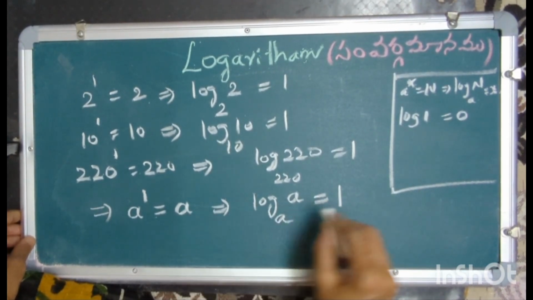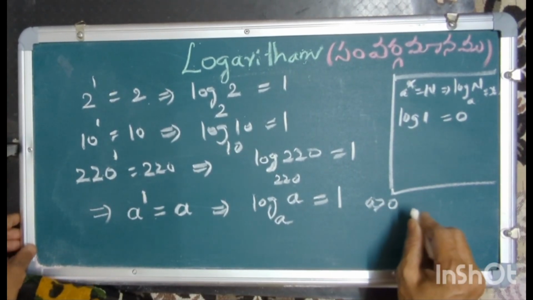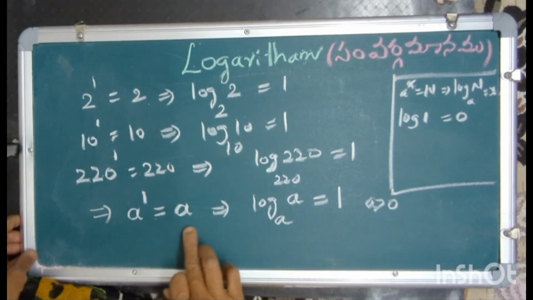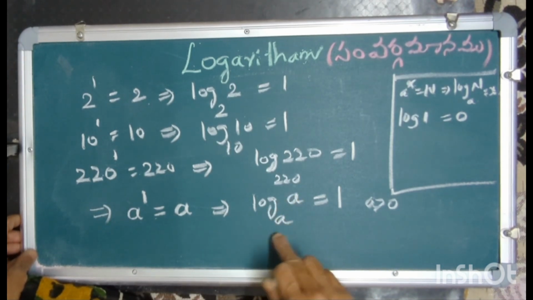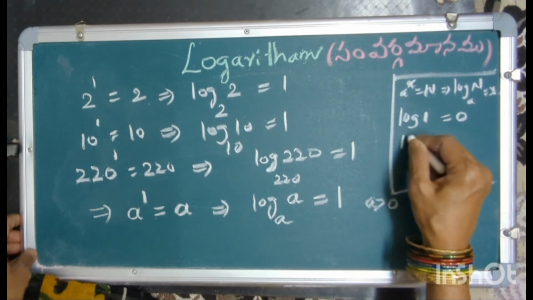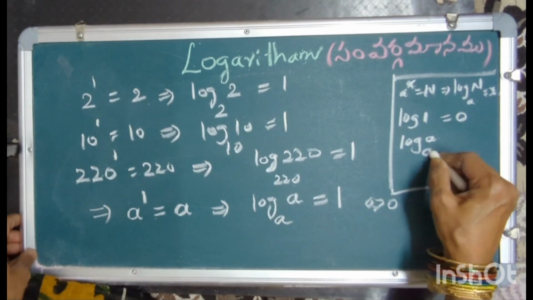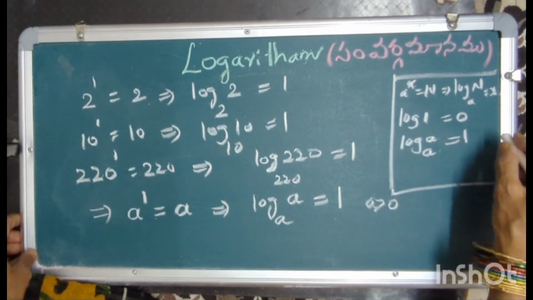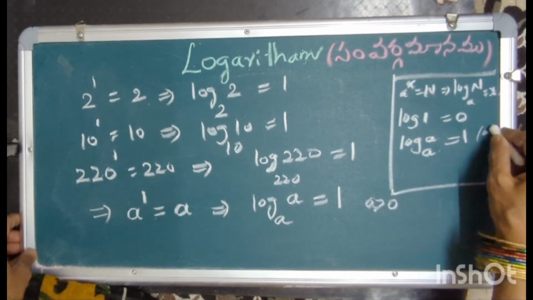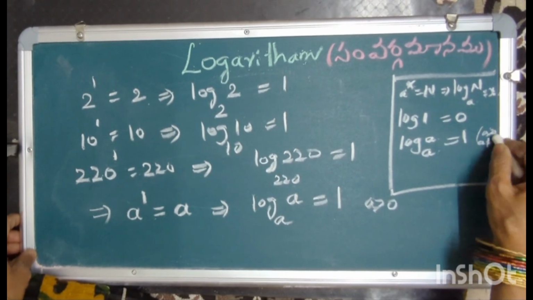So any number a is greater than 0. So any number with the same base is equal to 1. We can generalize this as logarithm of a, same base a, is equal to 1, for a greater than 0 and a not equal to 1.